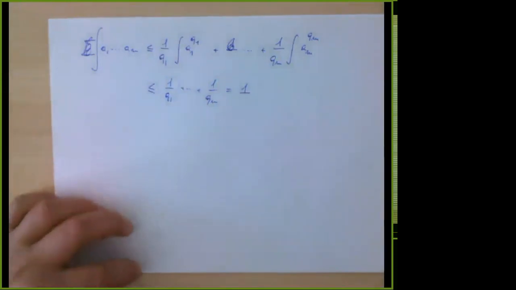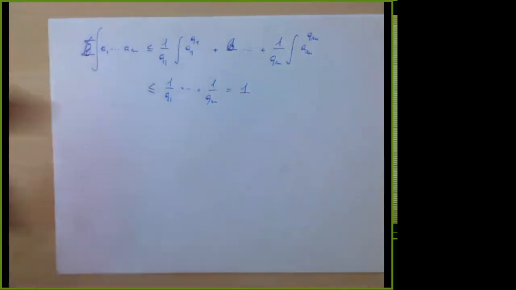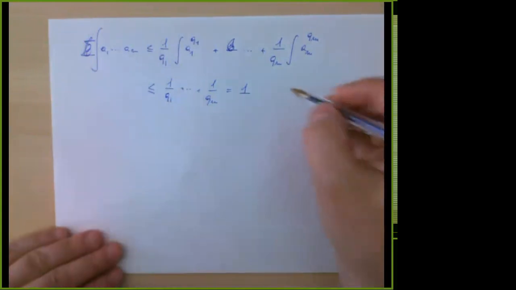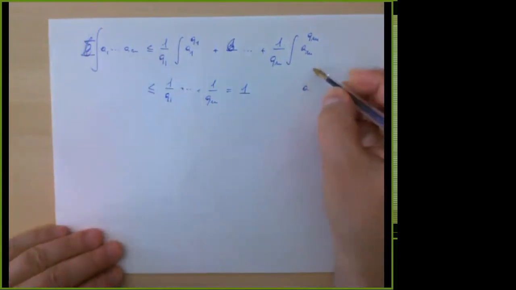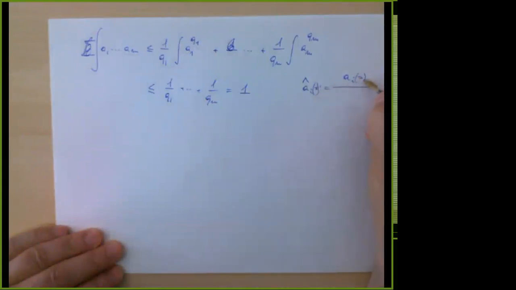Okay, and of course, if you are afraid of this type of argument, just replace a_i by a_i hat, defined as a_i over the norm of the function a_i. So if you want, I put the argument here in order to make it more explicit, and you write here a_i to the power q_i of x to the power 1 over q_i. Okay, so it is exactly the same that we have done before.